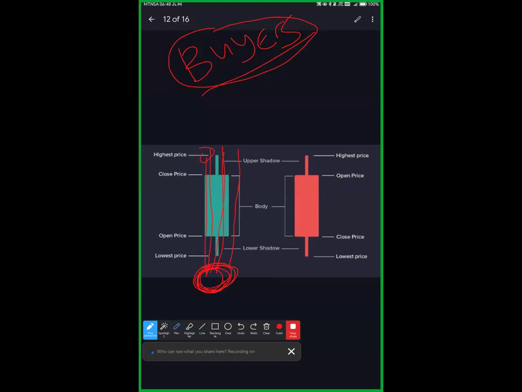Buyers love to buy at a low price. The idea is to sell when the price goes up. These are the guys that will wait as much as possible for the price to drop so that they can buy at the lowest price possible and sell when the price rises.